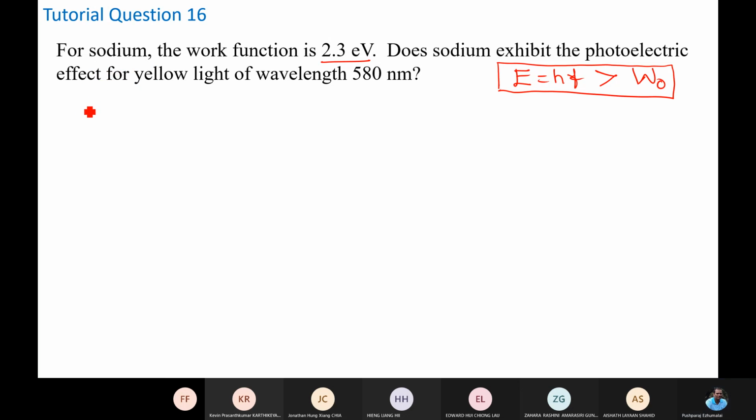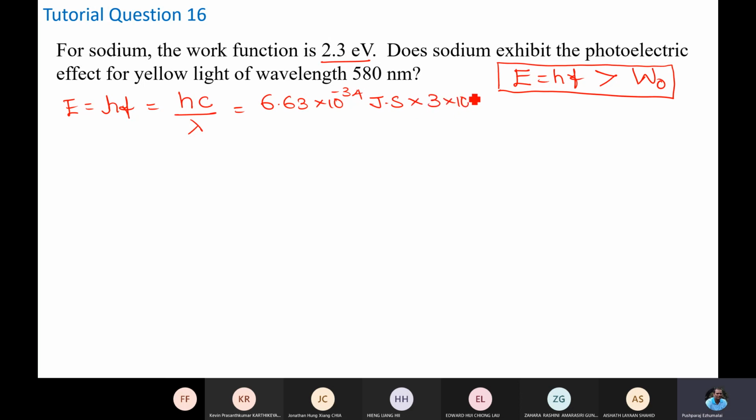Energy is equal to hf, that is equal to hc by lambda. So what is h? 6.63 × 10^-34 joule second.